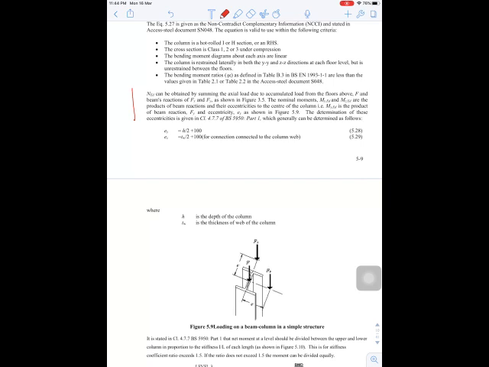So My,Ed and Mz,Ed here are the products of the beam reaction and its eccentricity to the center of the column, where the eccentricity for the y-axis is the height divided by 2 plus 100, whereas for the z-axis it is the thickness divided by 2 plus 100.